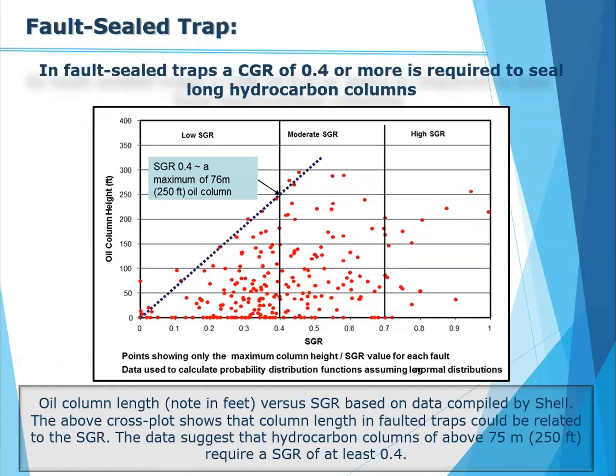The problem is that we don't have so many good calibration points for the reverse fault setting or the overthrust. But from the little we have, it looks like there's not much difference, that shale gouge ratio will work for reverse faults as it does for normal faults. So I think the quality of the gouge is perhaps more important than the type of tectonics.